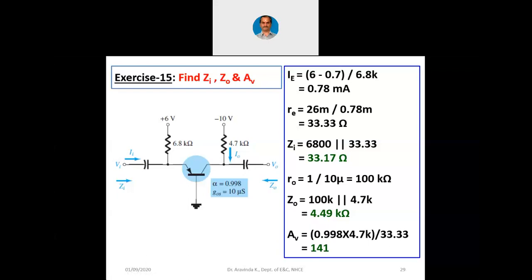Now, if such is the case, why should we use the common base configuration at all? There is an advantage here. We will be working with so many analog circuits. When we design electronic systems in the analog domain, we will have multiple circuits, and you are going to study a theorem called the maximum power transfer theorem in the course network analysis.